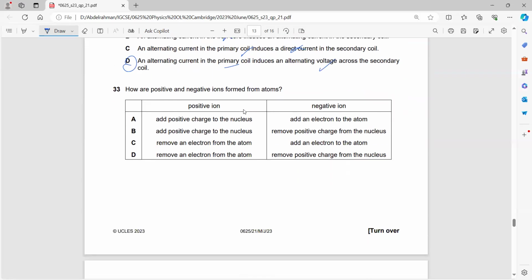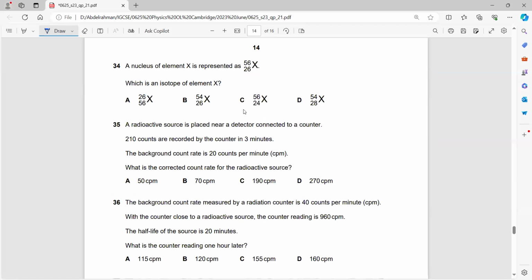What's a positive ion? You have to remove electrons. A negative ion, you have to add electrons. Which of these is an isotope? It has to have the same number of protons, the same atomic number, which is B and B only.